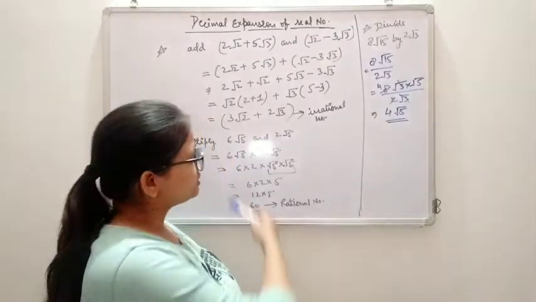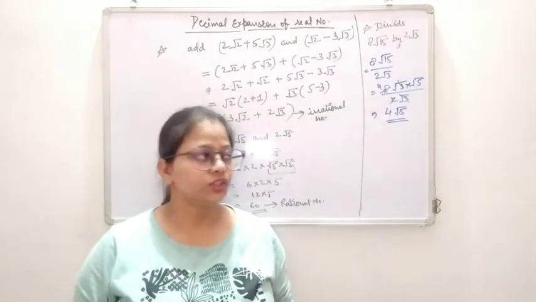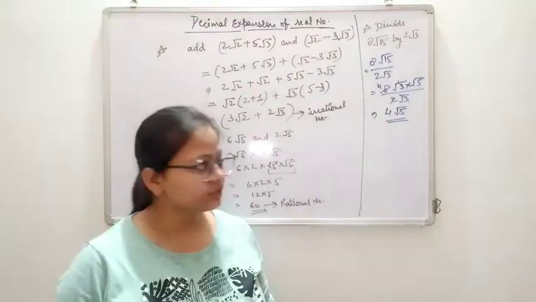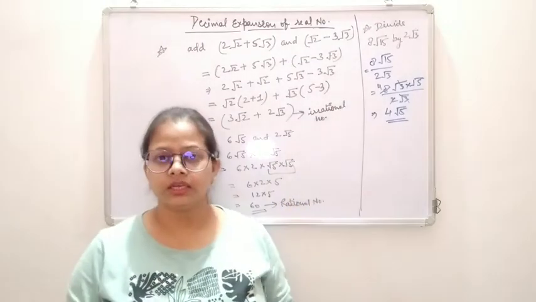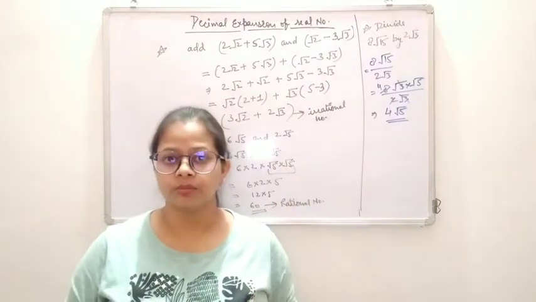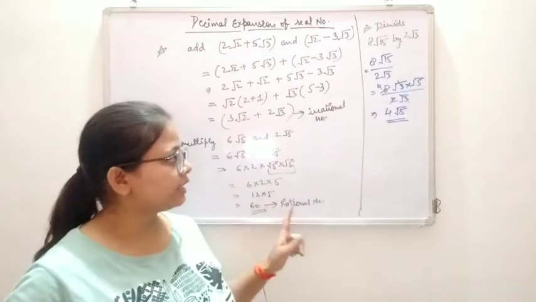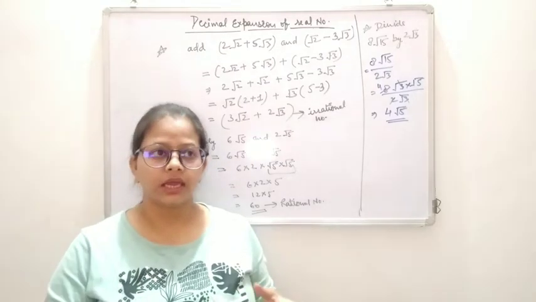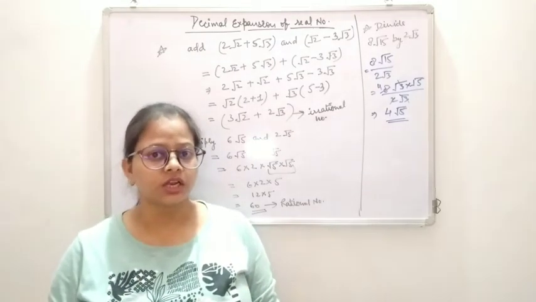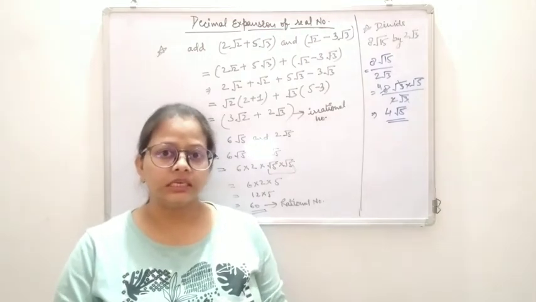Okay, so from these examples, you must have noticed a few facts which are true. First is the sum and the difference of any rational and irrational number will always be an irrational number. The second thing is the product and the quotient of any non-zero rational number and an irrational number will always be an irrational number.